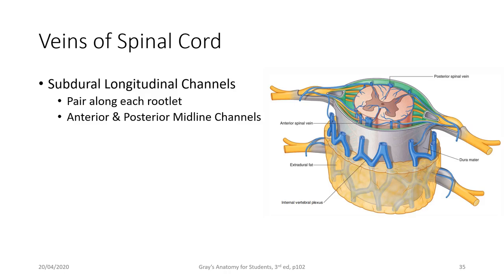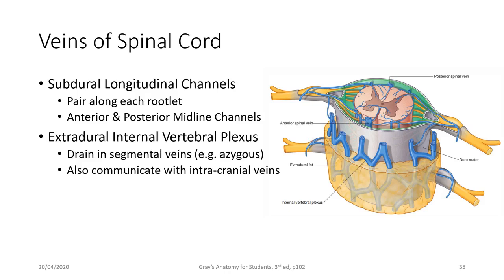There is a pair of veins with each member on either side of this root, and a pair of veins on each side of this dorsal root. So there are pairs of veins that run parallel to the spinal cord, on either side of each rootlet. And then there are anterior and posterior midline veins, also known as the posterior spinal vein and anterior spinal vein.